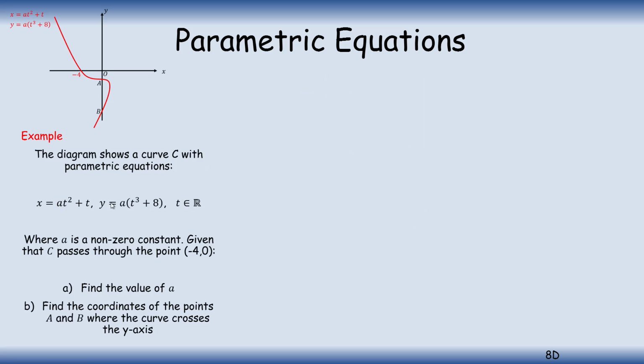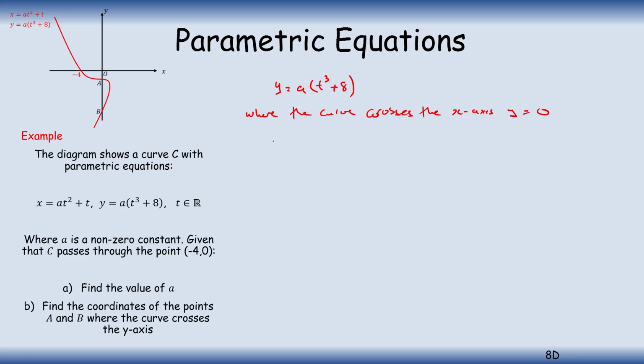So we're going to try and find a using these coordinates that we've been given. We know that y is equal to a brackets t cubed plus 8, and where the curve crosses the x-axis, y is equal to 0.